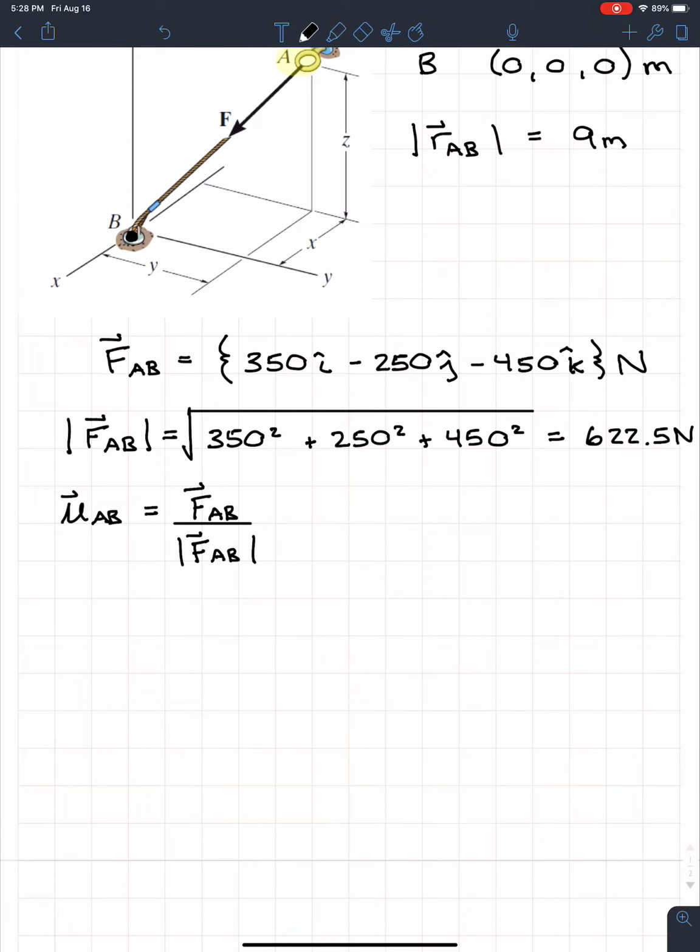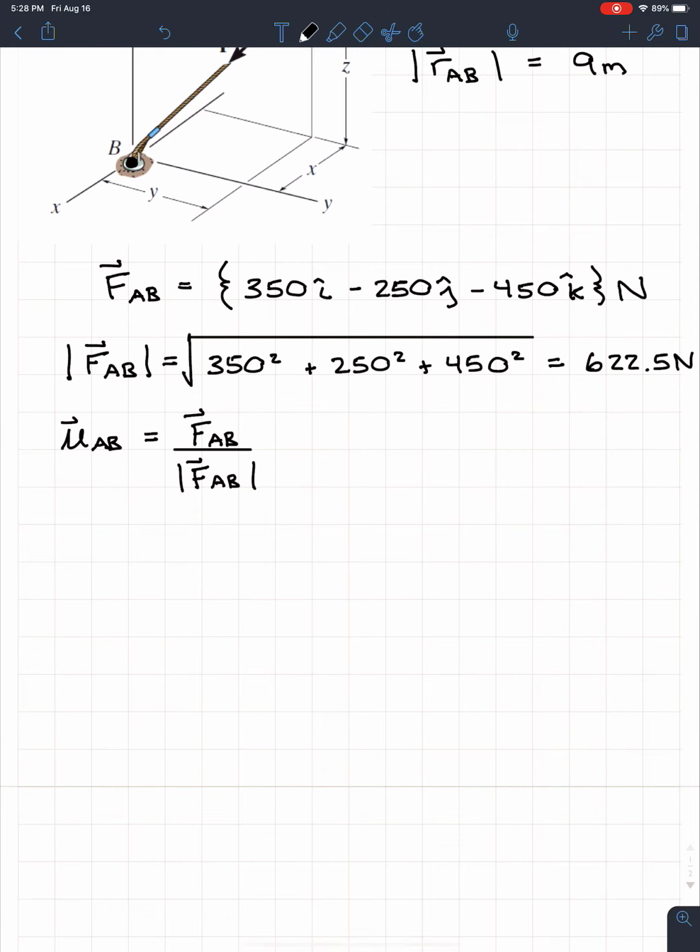Good enough. So what we're going to end up with for the unit vector is, and it's a vector, so we're going to use the squiggle brackets, 350i divided by the 622.5.